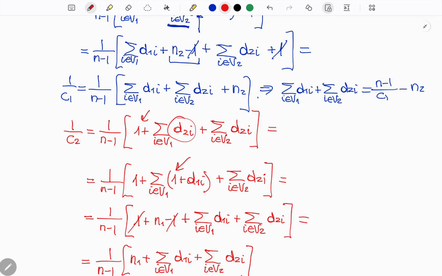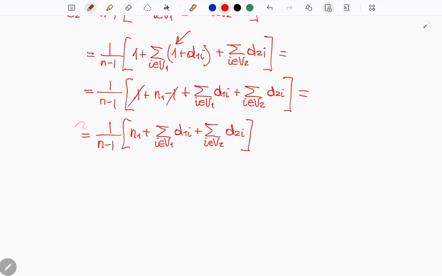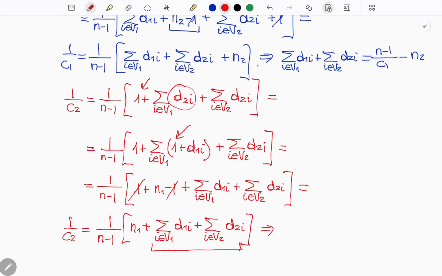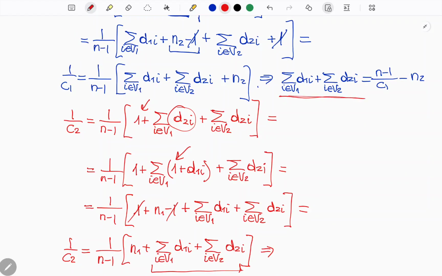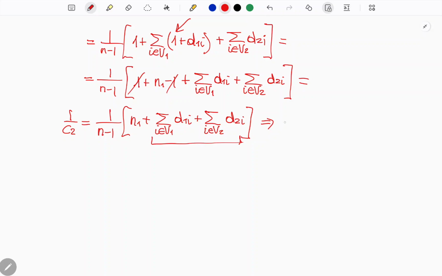And now if I repeat the same calculation for this part, remember that this is equal to 1 over C2, then what I obtain is that these two summatories are exactly the same as these ones: d1i plus the summatory over V2 of d2i is exactly the same. So now n minus 1 is going to multiply everything and then I have to subtract n1.